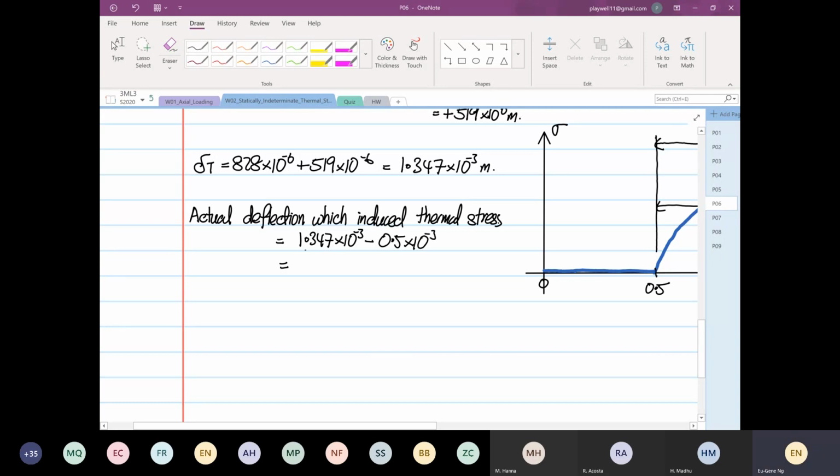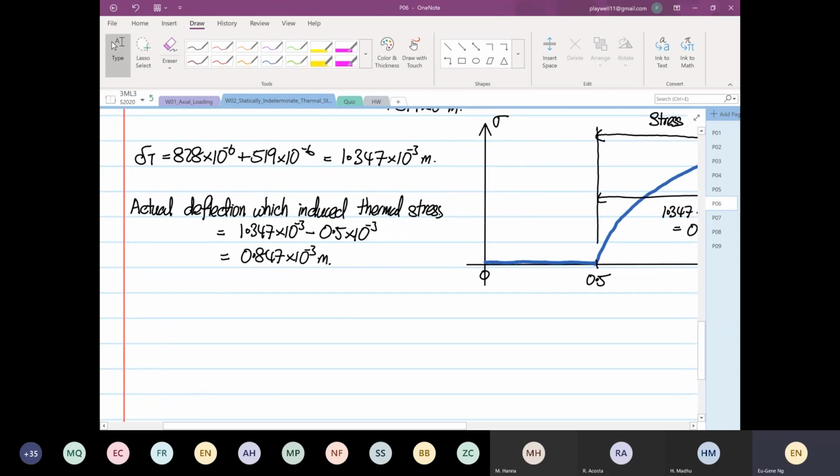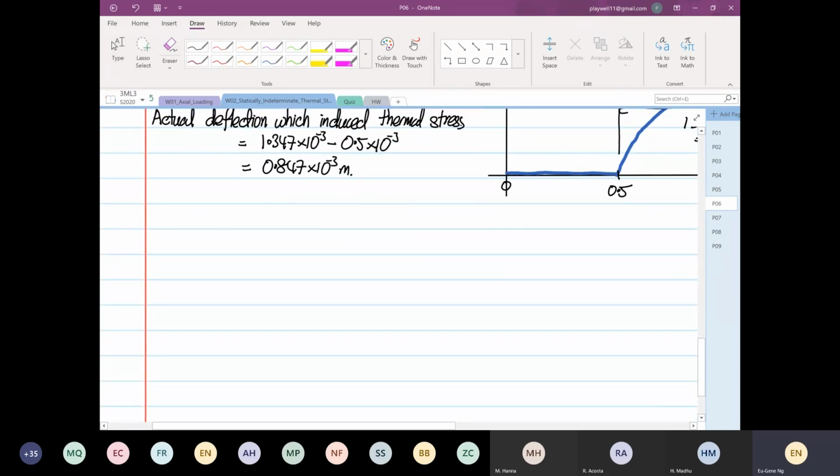So this will be equal to 0.847 times 10 to the power minus 3 meters. Okay. So next is this. We have to see what will happen when gap is equal to 0.